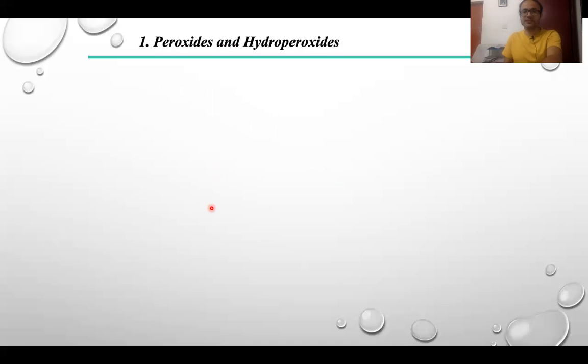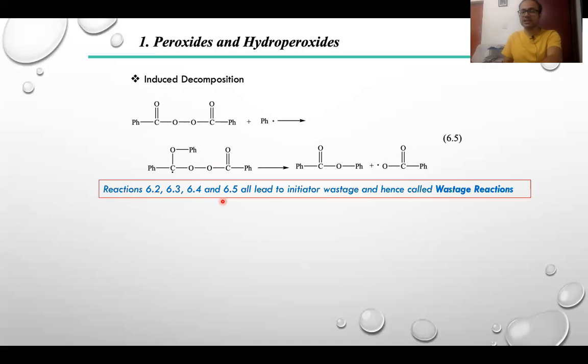But if this induced reaction happens, only one molecule of benzoyl oxy radical is produced. So that reduces the yield of the activated monomer. That is why these reactions, 6.2, 6.3, 6.4, and this particular induced decomposition 6.5, are called wastage reactions, because they waste your free radical initiator.